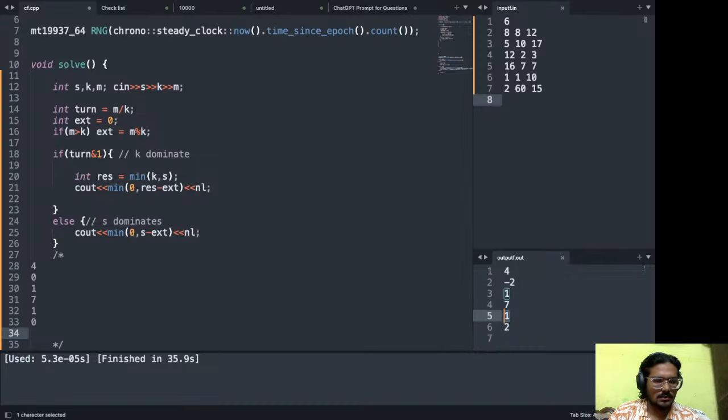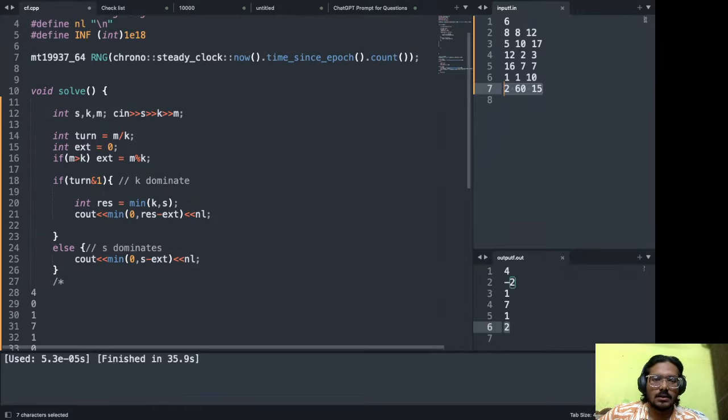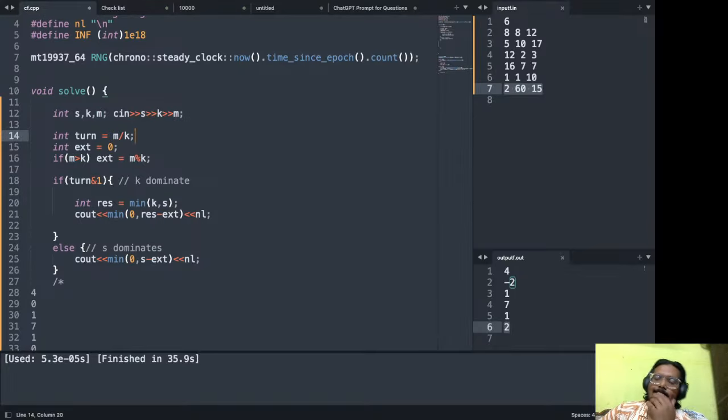Now this is okay. 2 is coming, which is not correct. So the third one, m is, we are leaving before the turning.